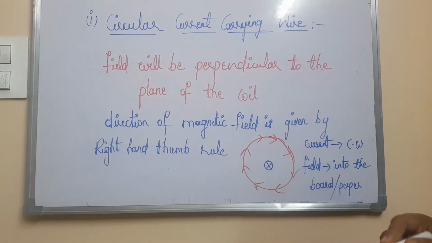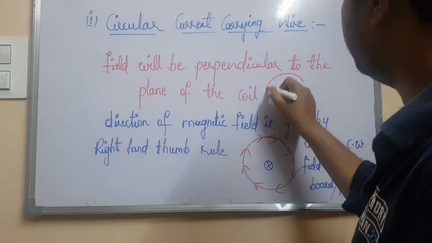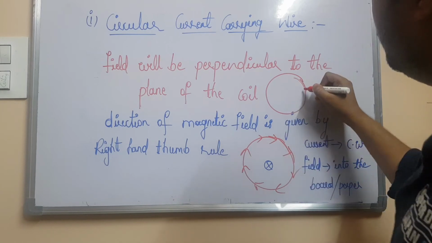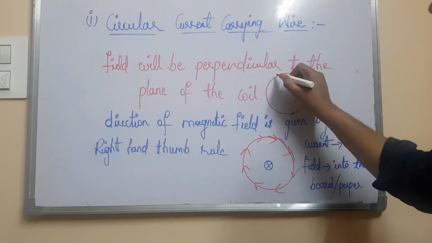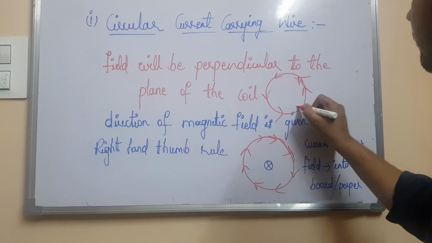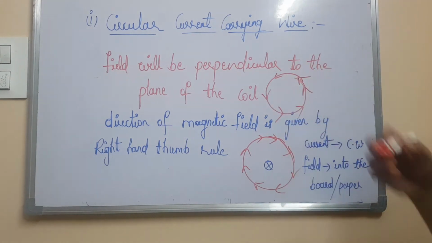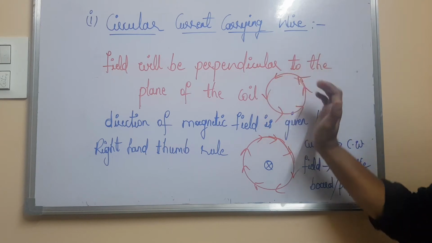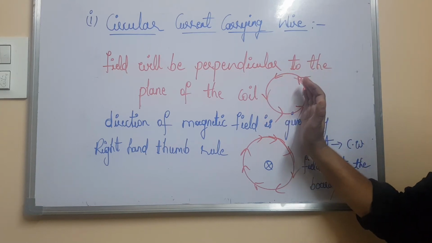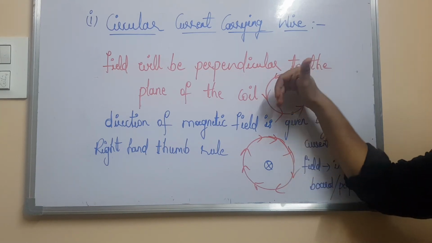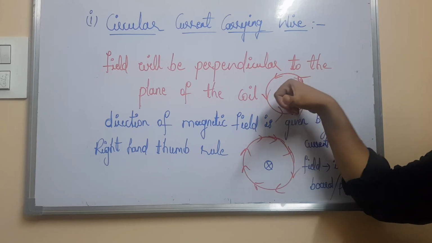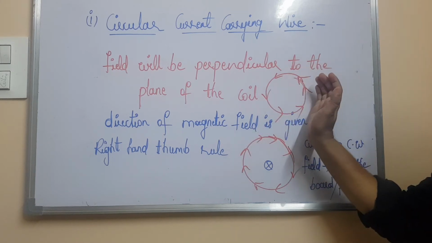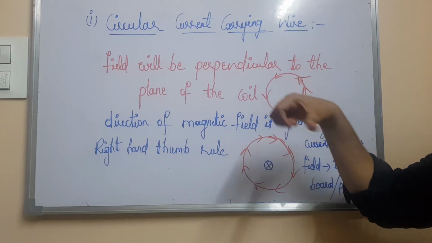Similarly, if current is in anti-clockwise direction, for example here in this circular wire, if we close the fingers in the direction of the current, like this, then thumb will give the direction of magnetic field. Here thumb is pointing outside.